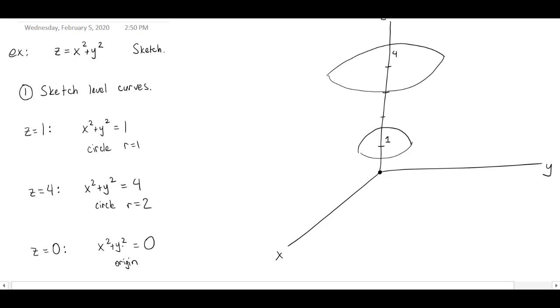Yeah, so if you try to connect all of these level curves together, that gives you some idea of what your surface will look like. So in this example, the surface is what we call a paraboloid. Okay?